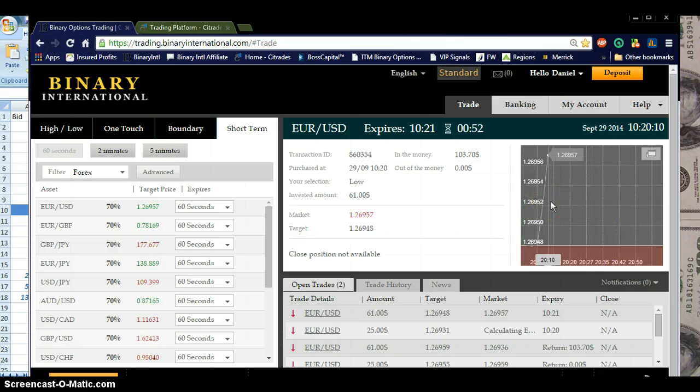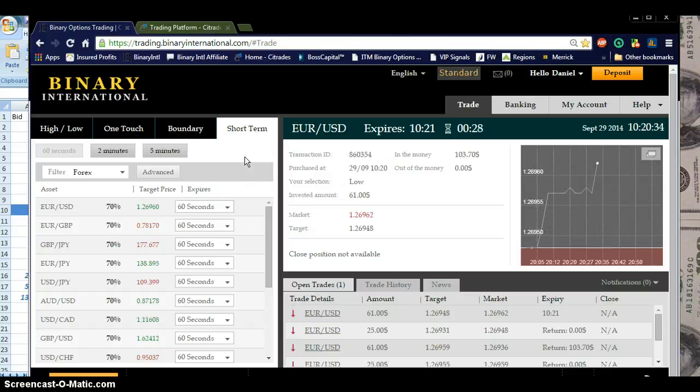So it looks like I'm having to do 2 trades to win the 17.50. Again, 17.50 comes from 70%, which is the return on investment, of $25. And to make 17.50, it may take upwards of 5 trades.